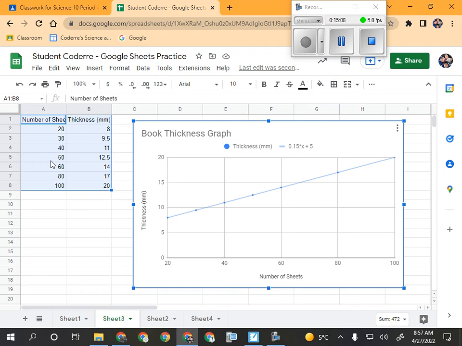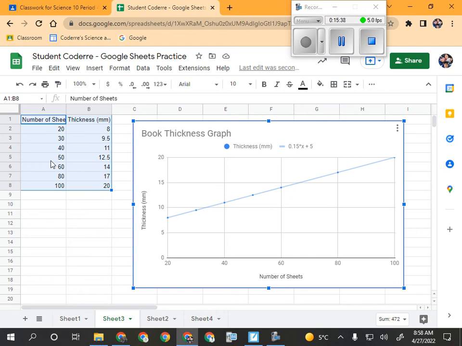So if I have several different sets of data, like let's say I was graphing the position of a bunch of people running in a race, I would put time here, and then I'd have the position of all the different people, and there'd be a whole bunch of different lines on the graph. So there'd be a bunch of different data sets. The x-axis goes in the first column, and everything else that you put in will go on the y-axis.